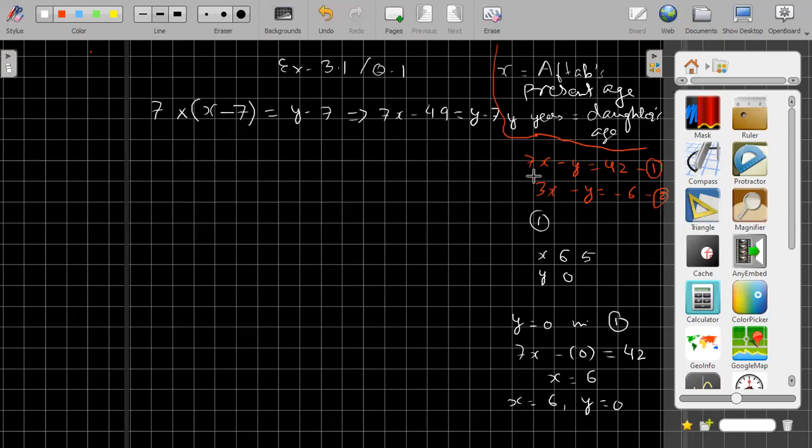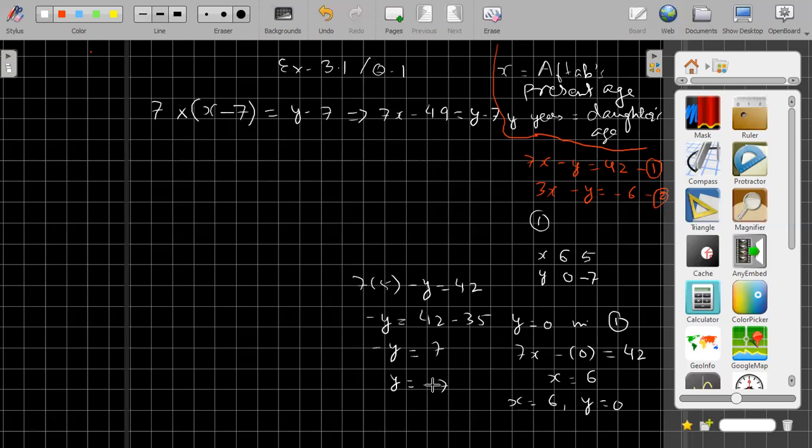So this becomes 7 into 5 minus y is equal to 42. 7 fives are 35, so minus y is equal to 42 minus 35, so minus y is equal to 7. So y is equal to minus 7. Minus 7 we can draw easily.